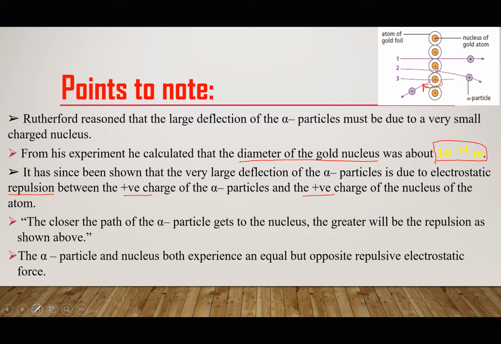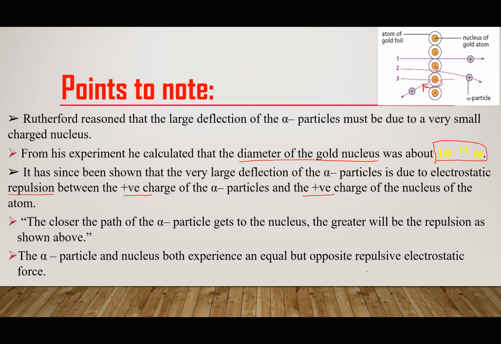Also, the alpha particle and the nucleus both experience equal but opposite repulsive electrostatic forces. Because they have like charges, they both repel, but by Newton's third law, they repel each other with a force which is equal but opposite in magnitude.